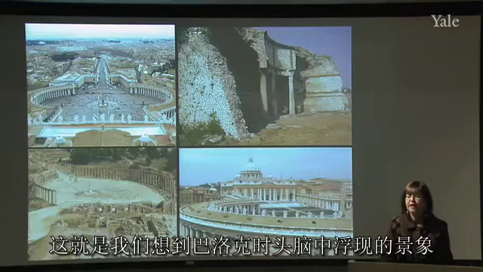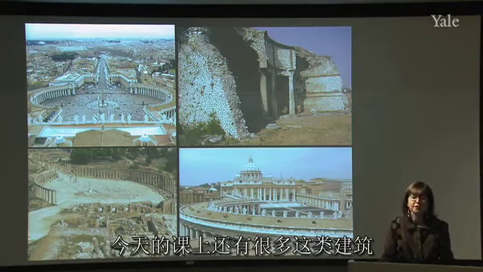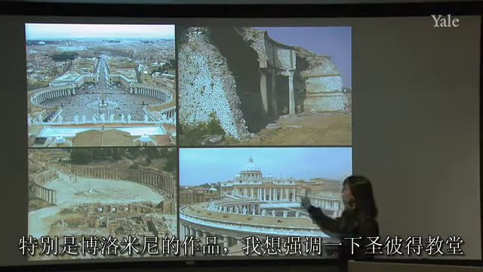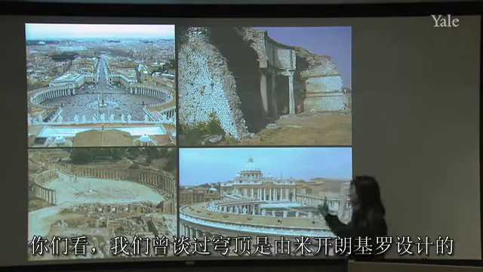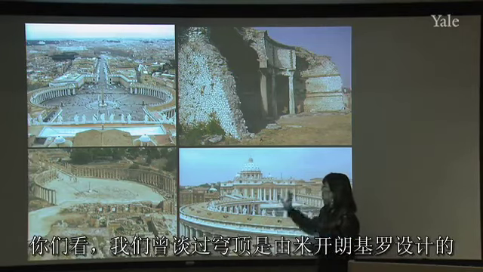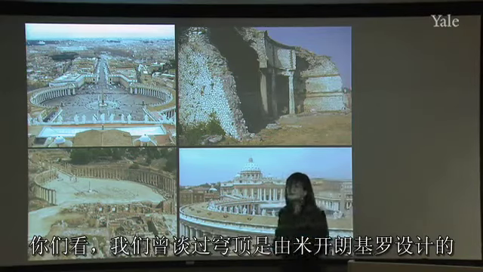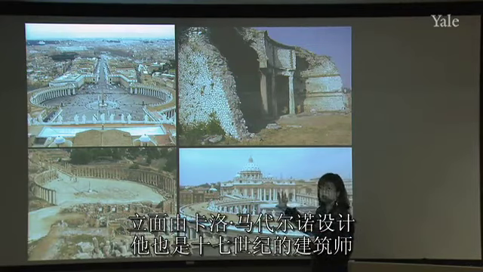And again, we think of that primarily when we think of Baroque. I'll show you a number of examples in the course of the lecture today, especially Borromini's work. But I wanted to focus right at the moment on St. Peter's, San Pietro. You see it here. The dome was designed, as we've discussed before, by Michelangelo, and the facade by Carlo Maderno, also a 17th century architect.